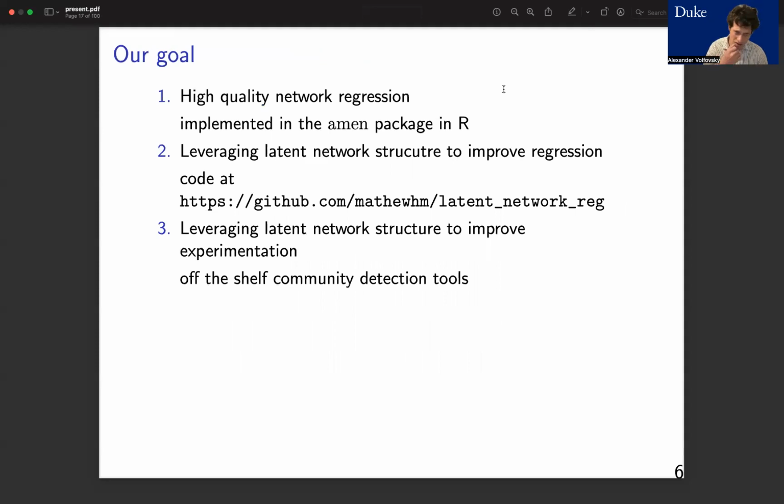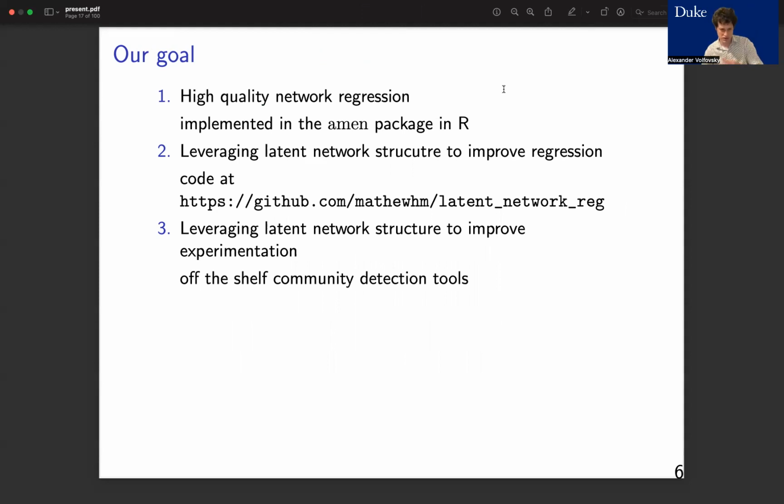So at a high level, our goal is to do better network regression. I'm going to start with the fundamentals of network regression that's implemented in the AMEN package in R. Then we're going to think about this latent network community structure that might exist in order to improve our regression.